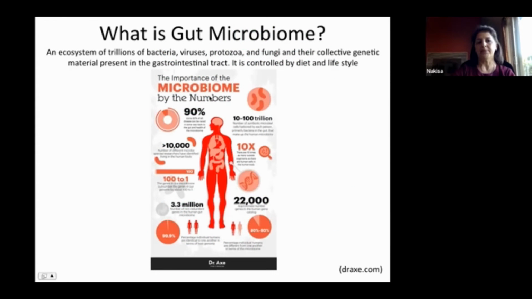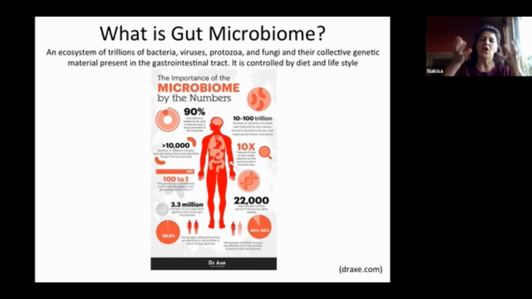Gut microbiome is this ecosystem of trillions of microbes. These microbes are not only bacteria. We mostly talk about bacteria as microbiome, but microbiome is really a soup, an ecosystem. These bacteria, these viruses, these protozoa, these fungi, all of these together make our microbiome.